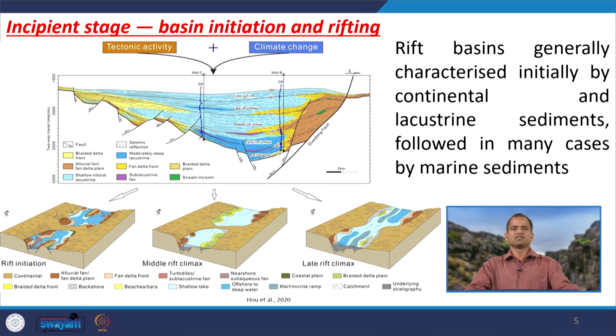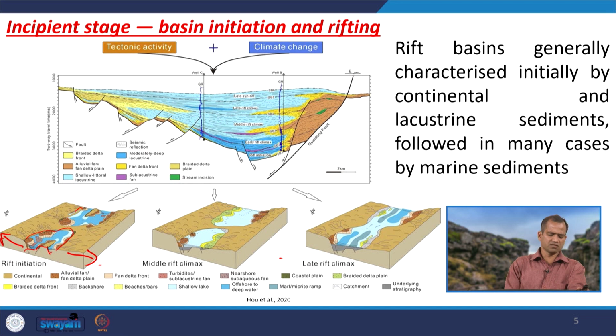Then rift basins are generally characterized initially by continental and lacustrine sediments, followed in many cases by marine sediment. If you see here, we have different stages. Here is rift initiation, that means we stretched the lithosphere into different segments, we just started. We are creating the horsts and grabens, and lakes or lacustrine sediments are there, that means basins are there, and sediments are getting deposited from the surrounding area.